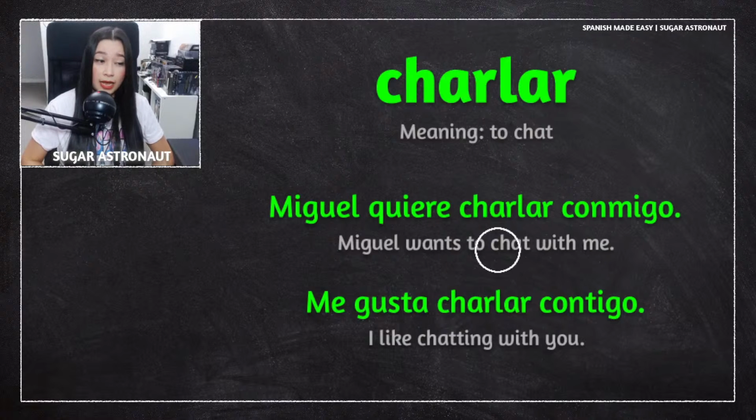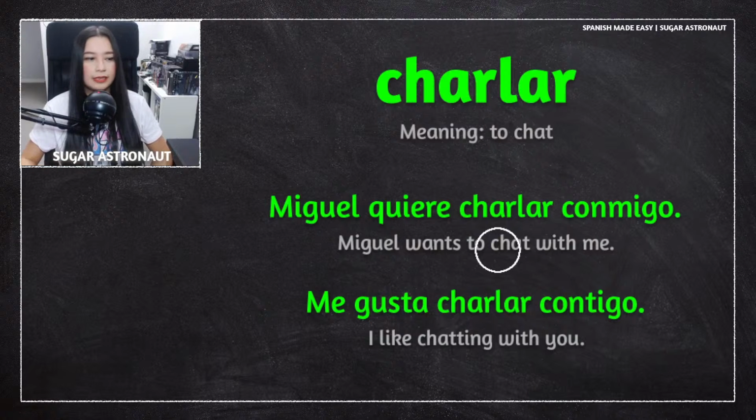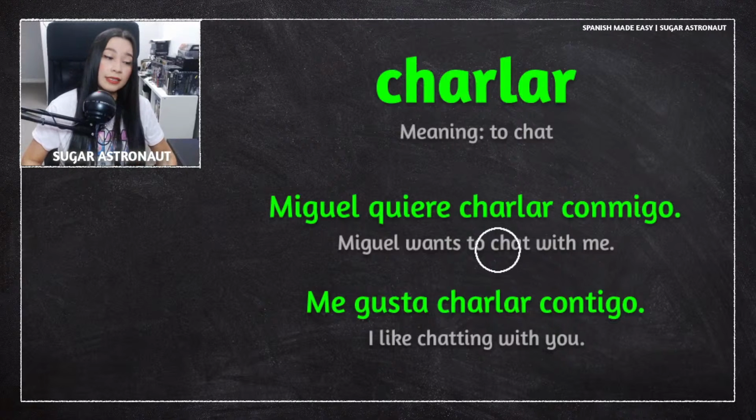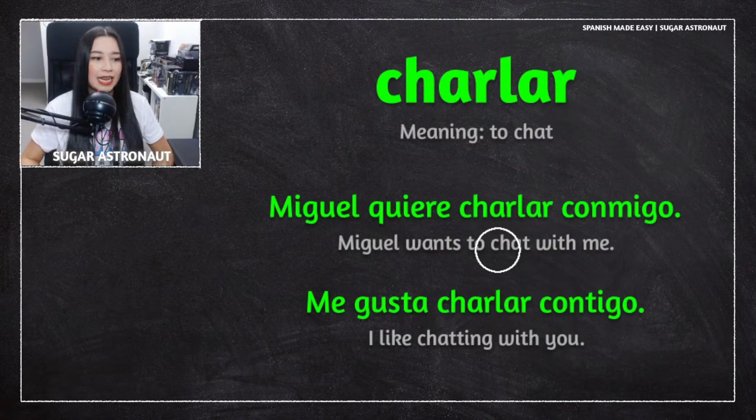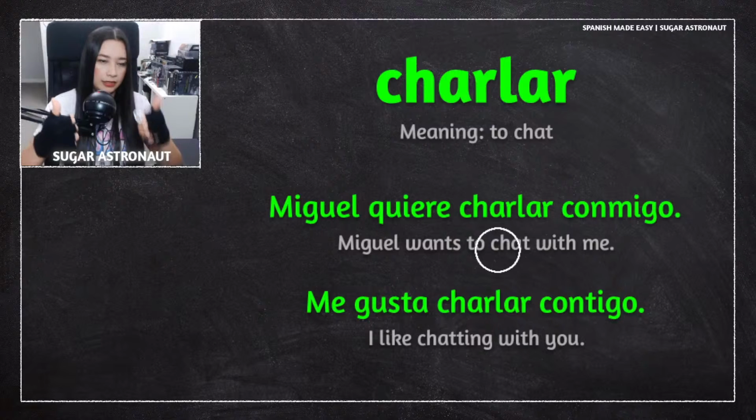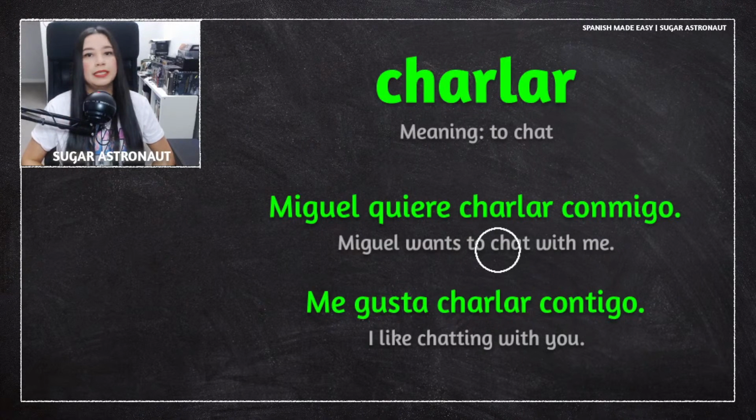Me gustará, or me gustó. Are you talking future tense? Past tense? If it's past tense, then it is me gustó. Me gustó charlar contigo. Then it's fine. That means I liked chatting with you. Okay? Future tense will be something like me gustará charlar contigo.